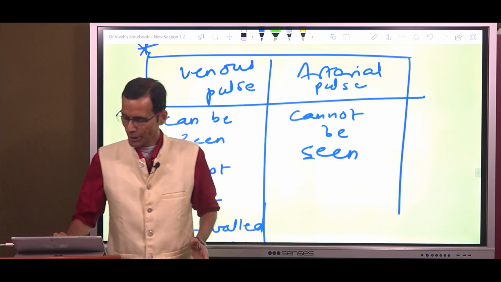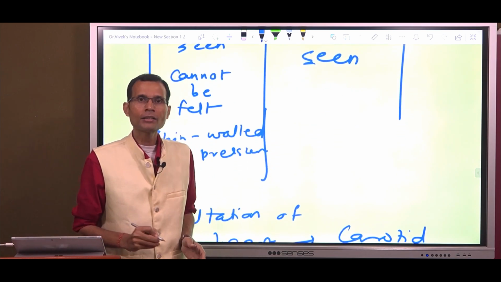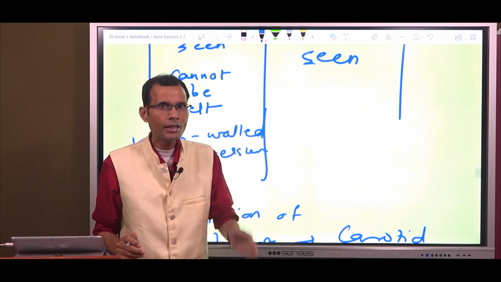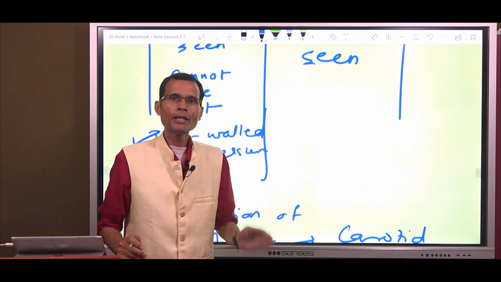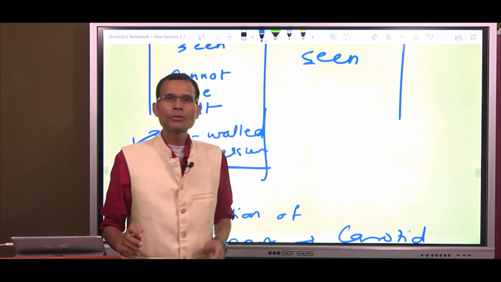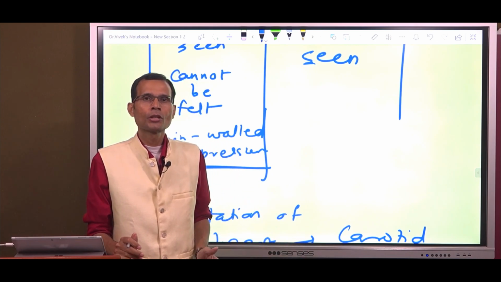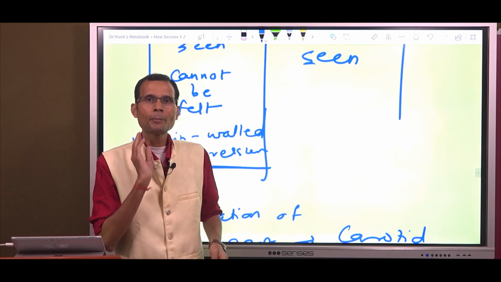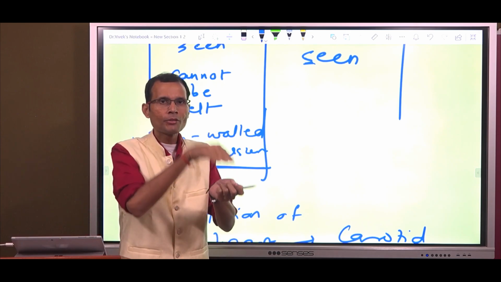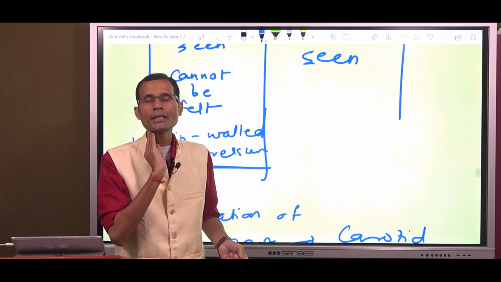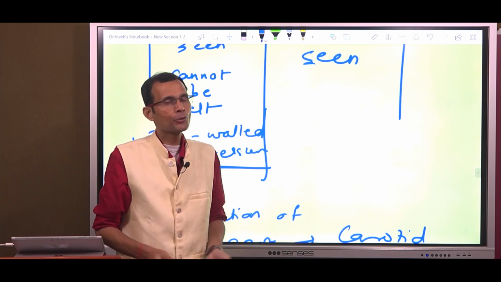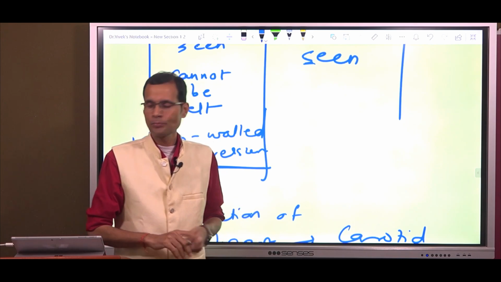Because veins are relatively thin-walled and low pressure. Venous pressure is about 10 mm of Hg or so. Therefore, if you palpate a venous pulse, the venous wall will collapse under the pressure of your fingers and you won't be able to feel it.